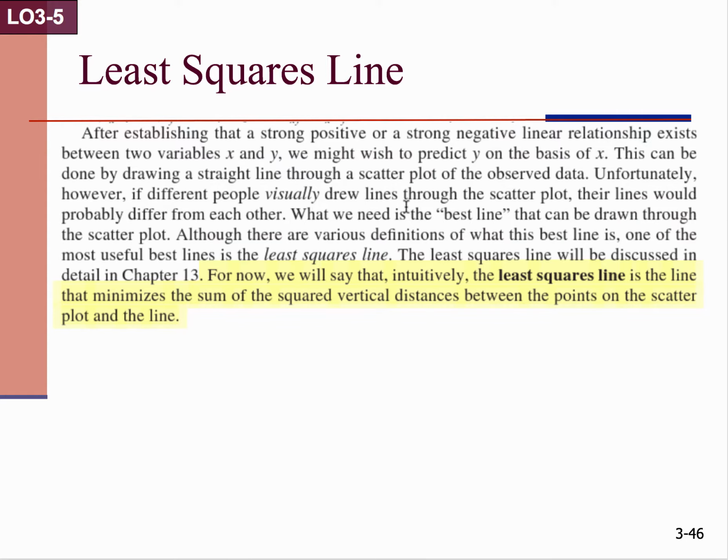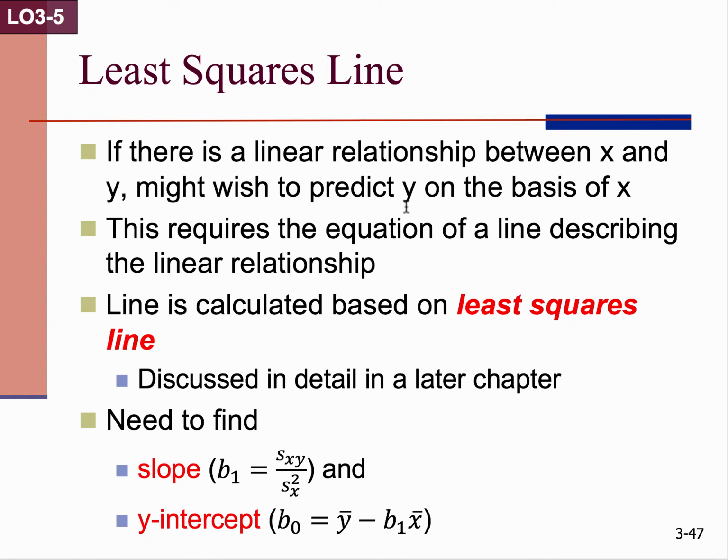We want the best fit line in our data, and there is a way to calculate it. All you need to calculate any line is the slope of the line and the intercept. The slope of the line is the covariance that we just calculated divided by the variance of x, because we are trying to calculate y based on x.